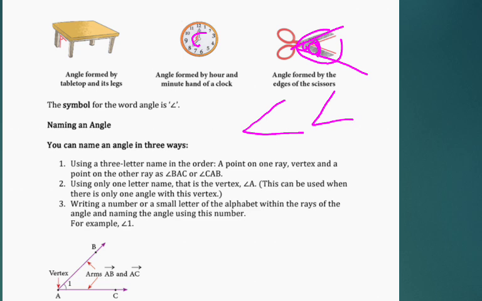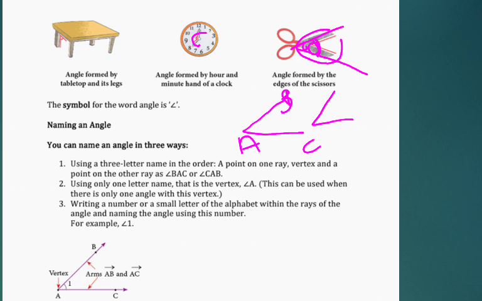A point on one ray, the vertex, and a point on the other ray, as BAC and CAB, in any direction. So here it should be A, and B and C can be here or here, right? So it is BAC like this, right?